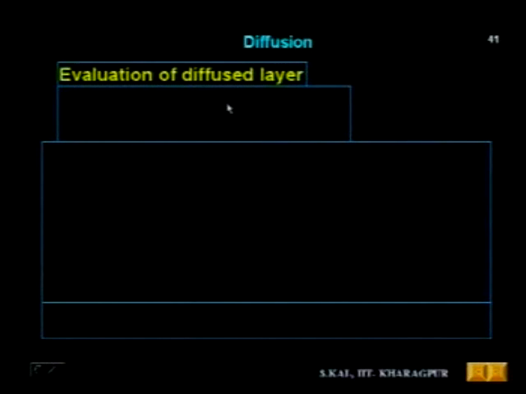Now we will discuss something on the evaluation of the diffused layer. You have done the diffusion, then after diffusion is completed, you have to go for evaluation of the diffused layer. What do you mean by the evaluation? For evaluation, we mean basically two parameters.